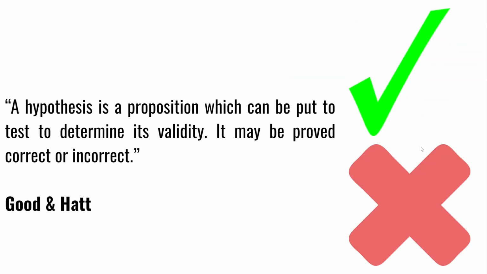A hypothesis is a proposition which can be put to test to determine its validity. It may be proved correct or incorrect. This definition is given by Good and Hatt, and according to their definition, the hypothesis may be proven correct or incorrect after testing it. So, generalization depends on the acceptance or rejection of the hypothesis.